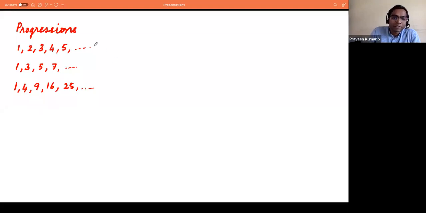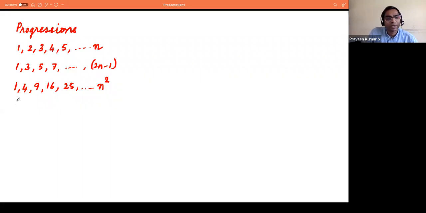Here n stands for the nth natural number, and the generic form can be written as 2n minus 1. If you substitute n is equal to 1, you will get the first one. If you substitute n is equal to 2, you will get the second number, and so on. And here the generic number is n square, right?